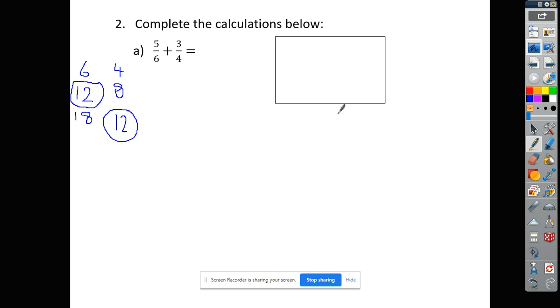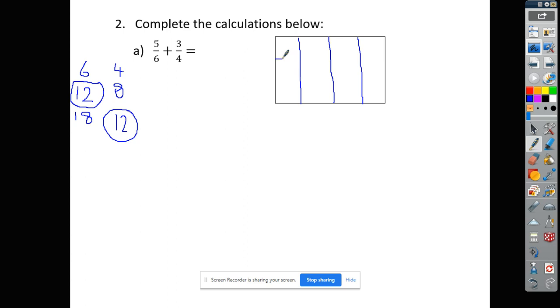So I need to split this into 12ths. So let's start by splitting this into quarters here. Now instead of splitting this into 6, because that would give me 24, and I don't want to go with the 24 because it makes it a slightly more complicated process, and I want to start using my lowest common multiples.